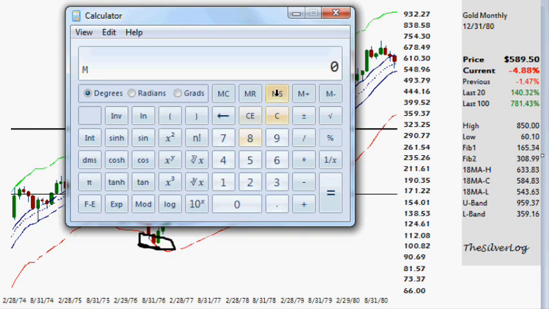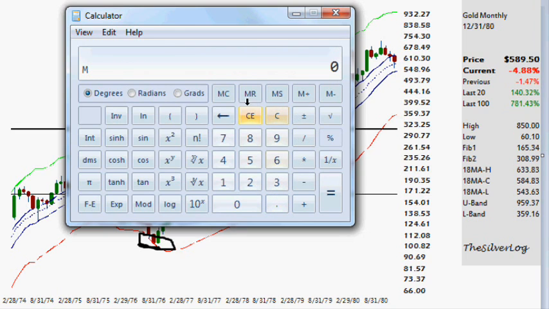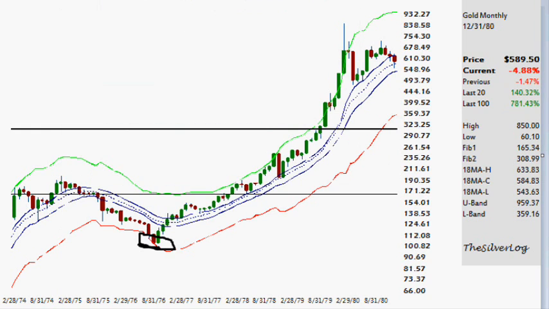Now if we take the number again, this time we'll put it to the power of 38.2%, multiply by the low again, then that gives us about 231. But this wouldn't be the only Fibonacci that we would use. We would go back to the previous chart.